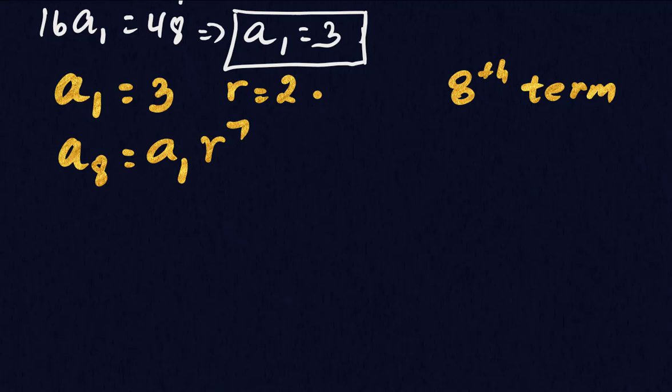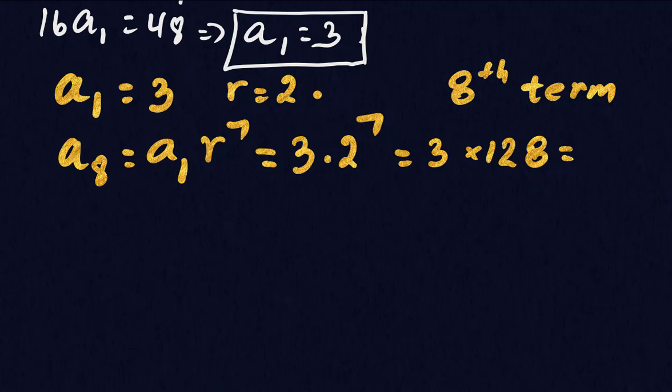So it is equal to 3 times 2 to the power of 7, which is 3 times 128. That should give us 384. Okay, so that is the 8th term. So that answered that question.